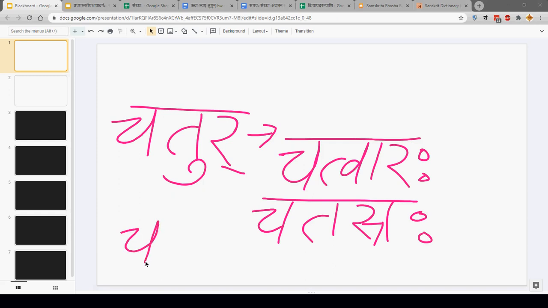Then we have chatvari in the Napunsakalingam: chatvari phalani santi. So this also changes based on the lingam. So ekaha 1 and dvau 2 in pullingam, and trayaha 3, chatvaraha 4 in pullingam. For 1, 2, 3, 4, the form of the number word changes based on the lingam.